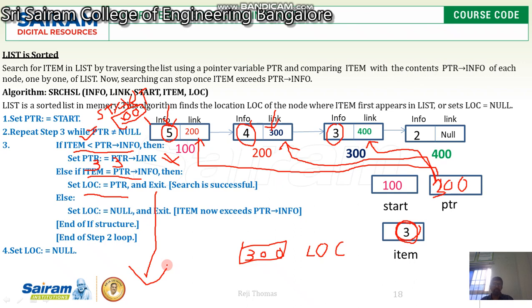Till I reach the last node. Once I reach the last node and have not got any match, I can print that the search is not successful. So look at this. If item is equal to PTR info, I set location equal to PTR, and the message you give is that the search is successful, right?